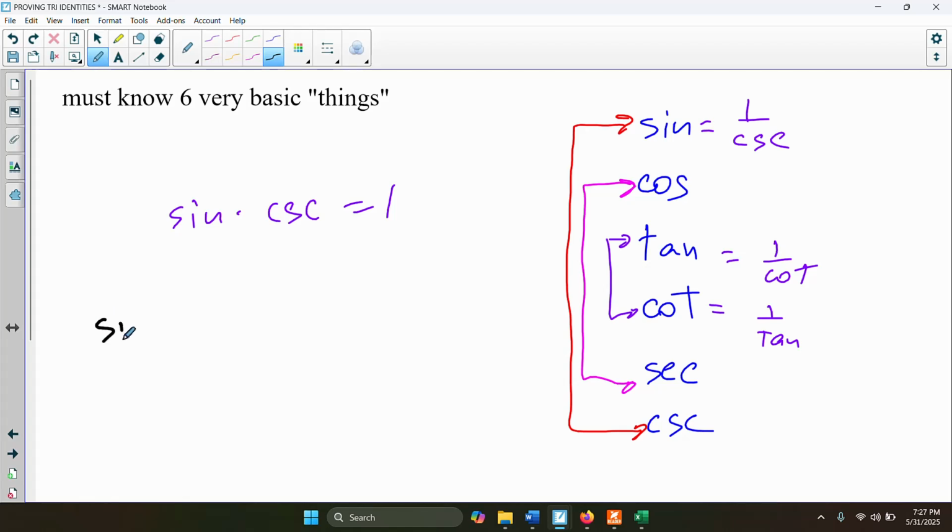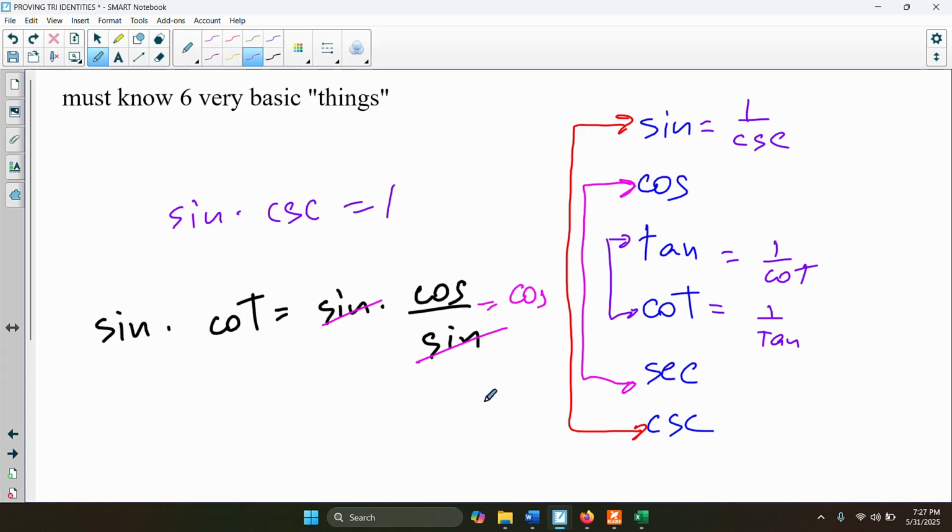However, what if I have sine times cotangent? Sine is sine, so leave it alone. Sine times cotangent, and what's cotangent? Cosine divided by sine. Then you can see that it simplifies to become cosine.